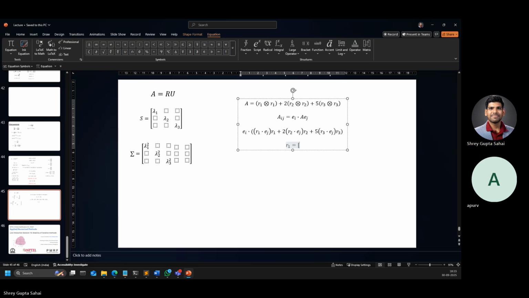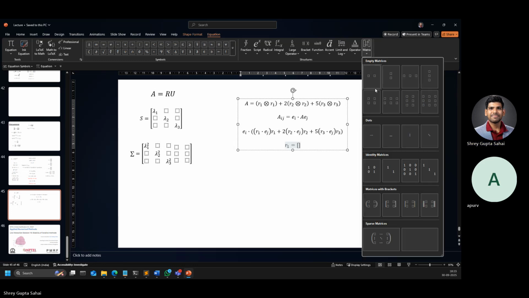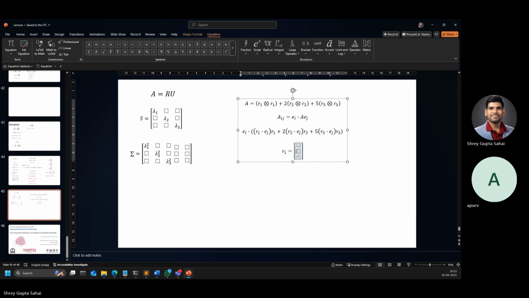R1 is, and R3 is. Just let me check what R2 is also.